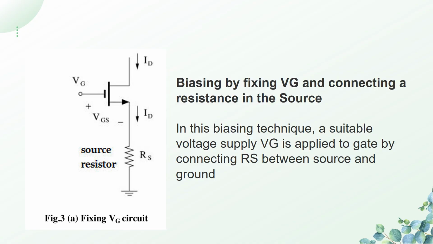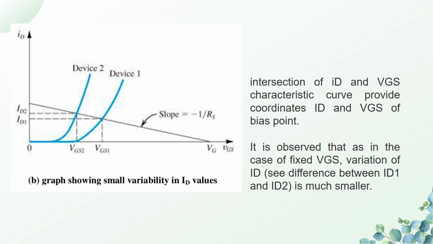The next type of circuit we are going to consider is the fixed VG circuit. Here we are providing biasing by fixing the VG value and we are connecting a resistance in the source. In the previous circuit the source terminal is directly connected to ground, but here instead we are connecting a source resistance RS. In this biasing technique a suitable voltage VG is applied to the gate by connecting RS between source and ground.